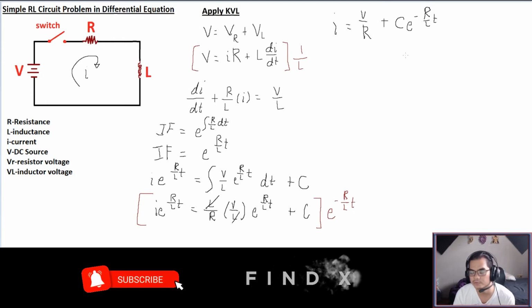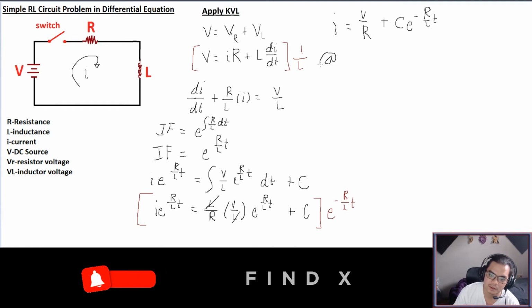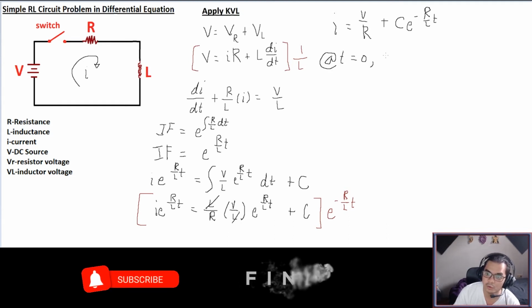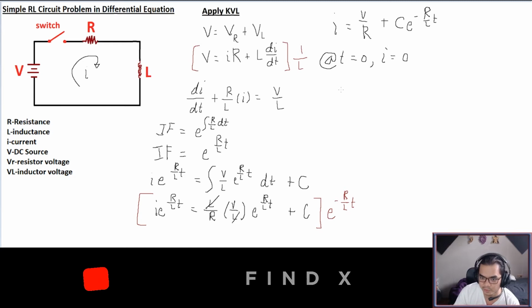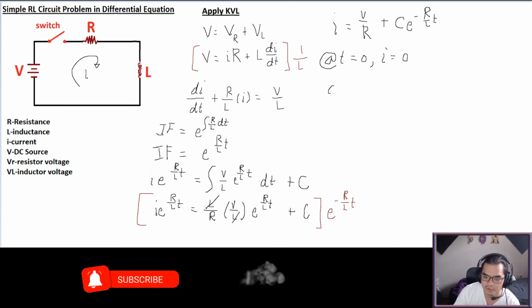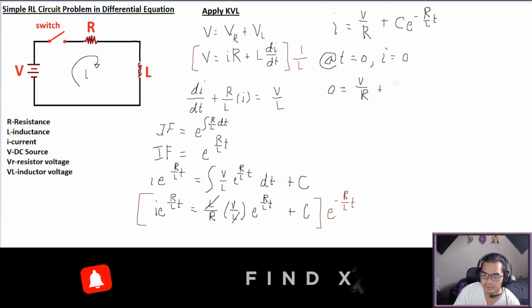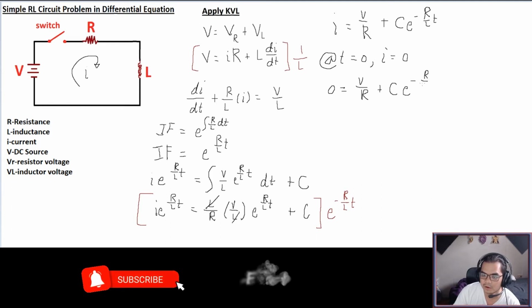But now we have to find C, right? We all know that at t equal to 0, there is no current. Therefore, I must also be equal to 0. Let's apply this. You will have 0 equal to V over R plus C e raised to negative R over L times 0.